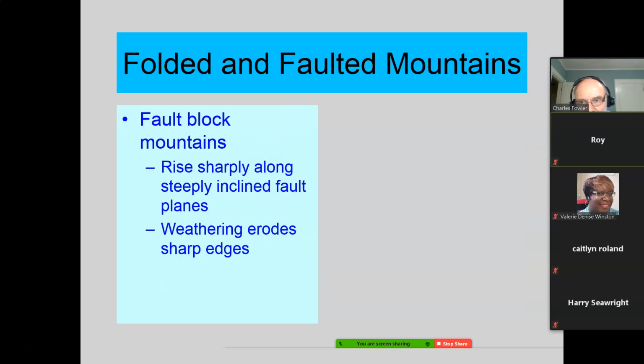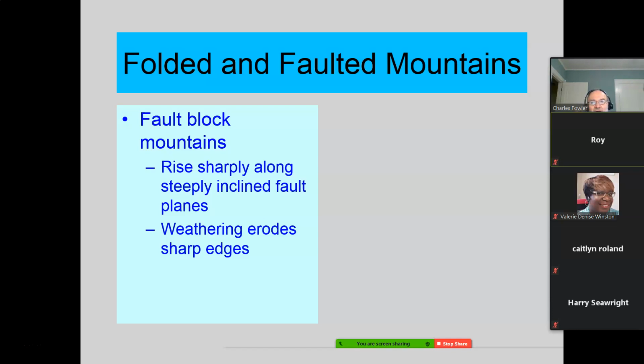Now, your fault block mountains, these rise really sharply and steeply along a fault plane. Remember, you have three different kinds of faults. You have normal faults, reverse faults, and thrust faults. Okay? Any one of these, one layer, either the footwall or the hanging wall, rises above the other.